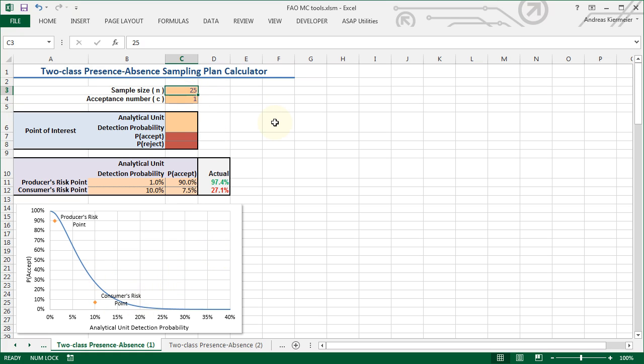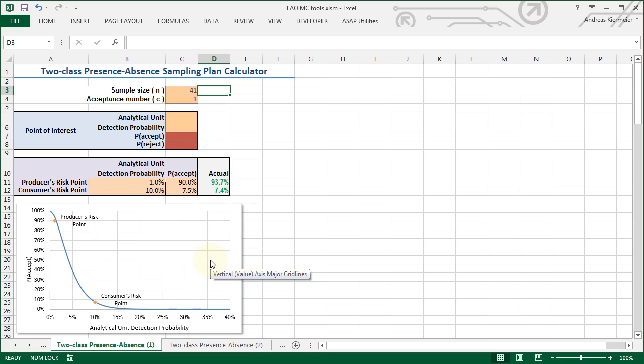So in turn we now have to increase the sample size to lower the curve, and we get to 40. We're getting very close, and at 41 it turns out that both are now met.